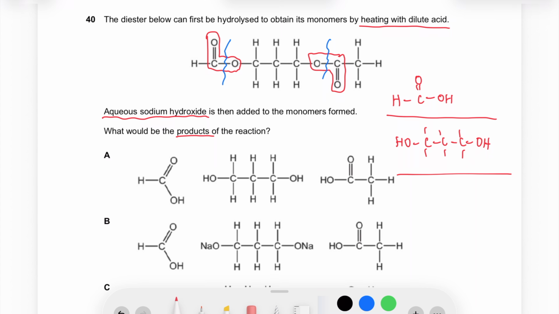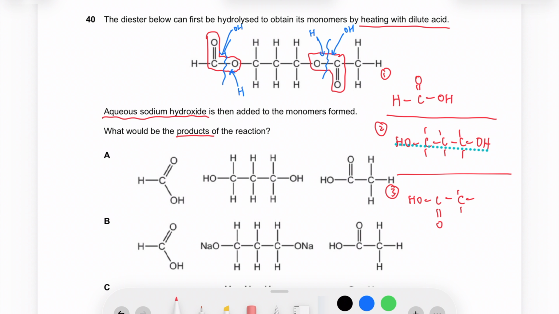Important is you add back the H here, add back the OH, add back the OH, and here you will add back the H. And then of course the last product will be HO, then C double bond O, CH. So these are the three products: the first one, second one, and the third one.